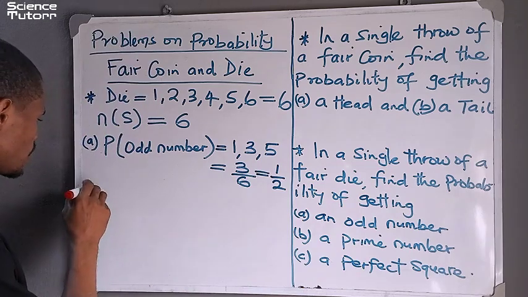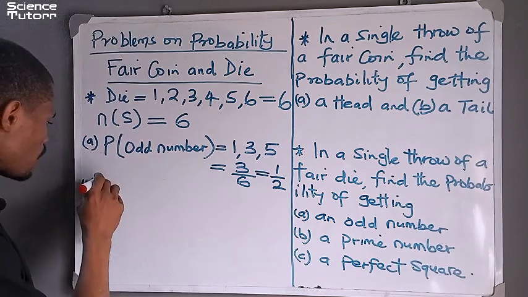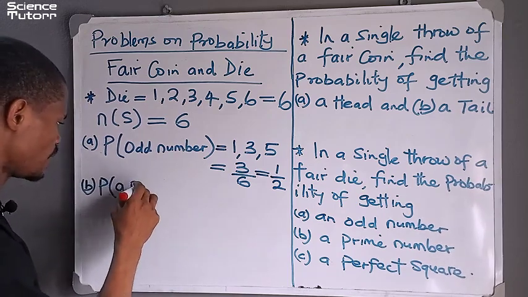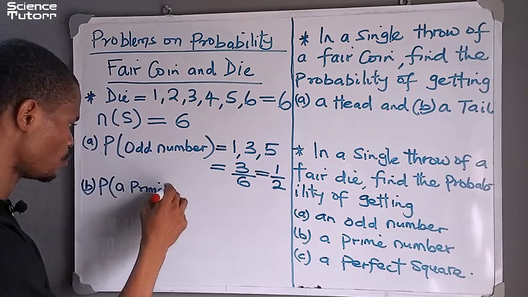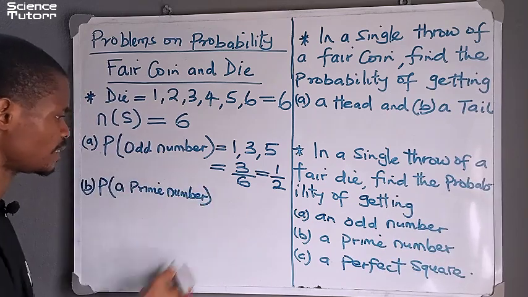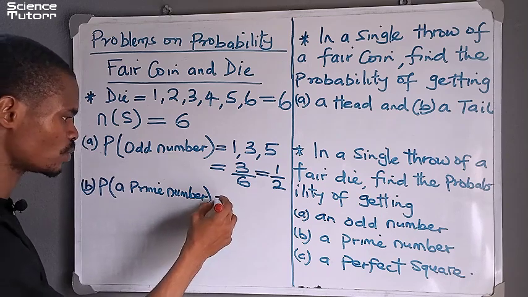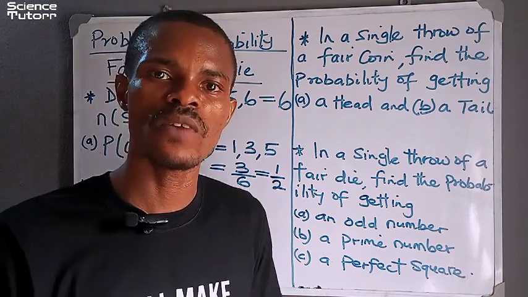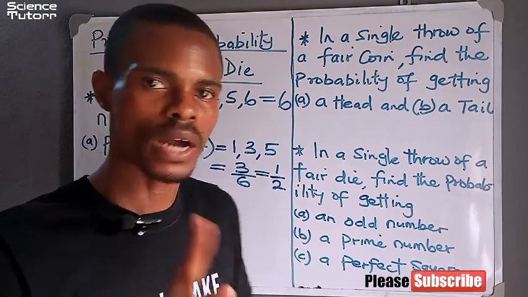The second case says probability of getting a prime number. I'm going to take my time to explain this in subsequent videos, but in brief, a prime number is a number that has 2 factors, itself and 1.